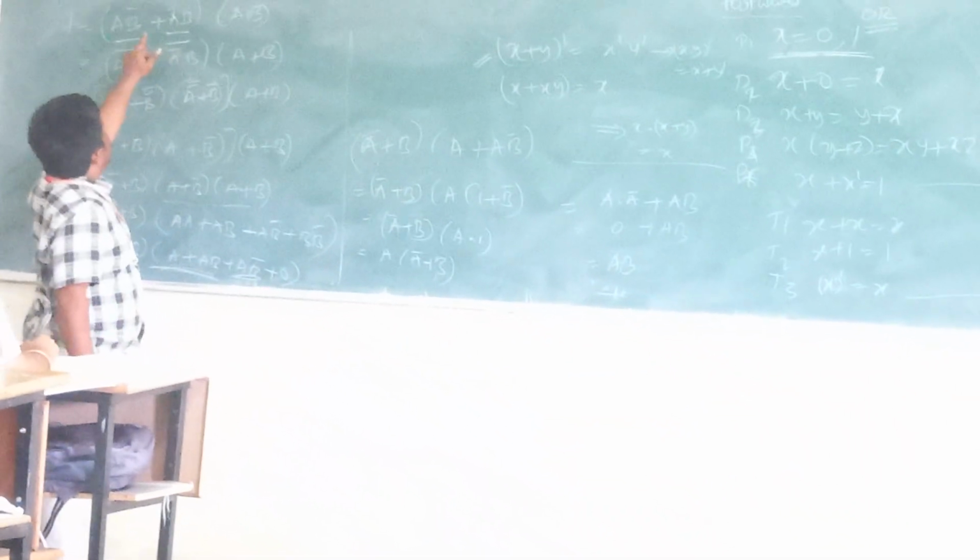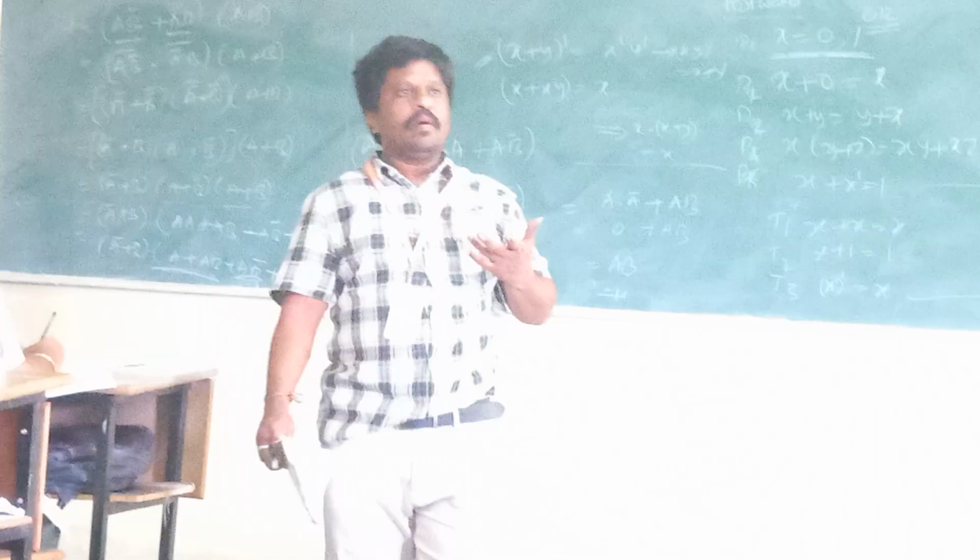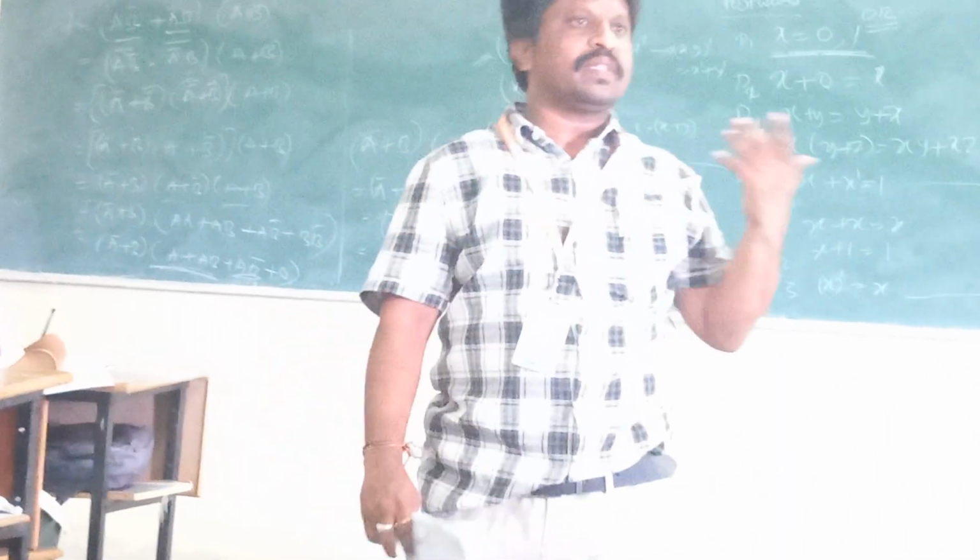If the simplification of the boolean function is not done, then how many gates do I need to use here? So many gates here. Okay, here you can see one gate, second gate, third gate, fourth gate, and also fifth gate. Around 5 gates will be used. If you simplify the boolean function with the help of the boolean postulates and theorems, I can write it with only one basic gate.